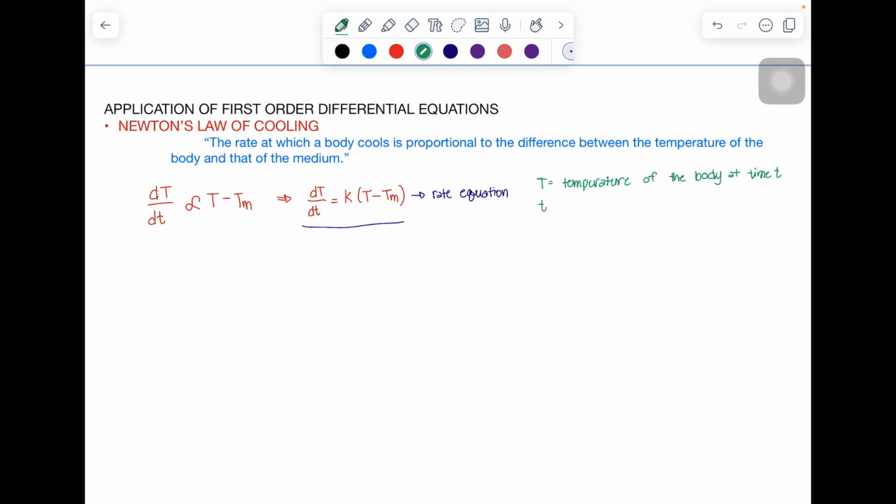Okay, so t is time. k is the proportionality constant.